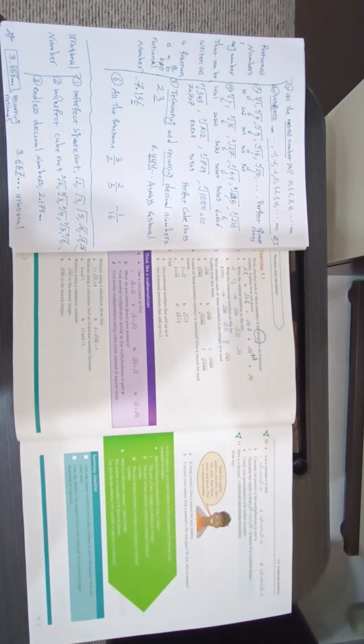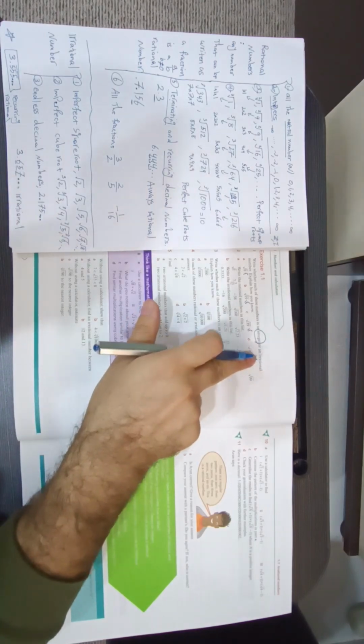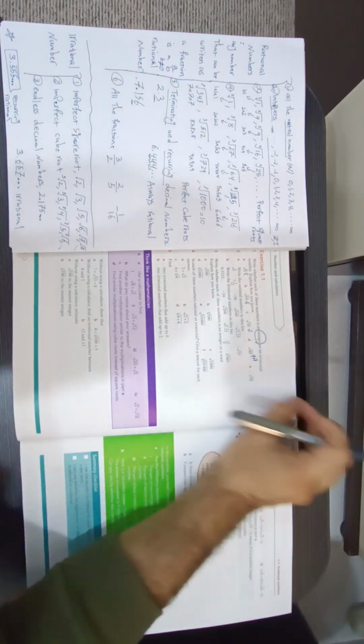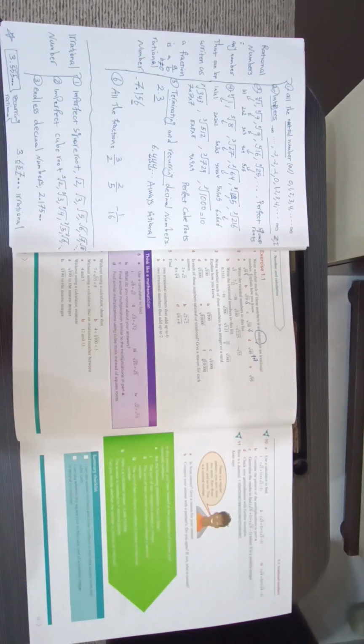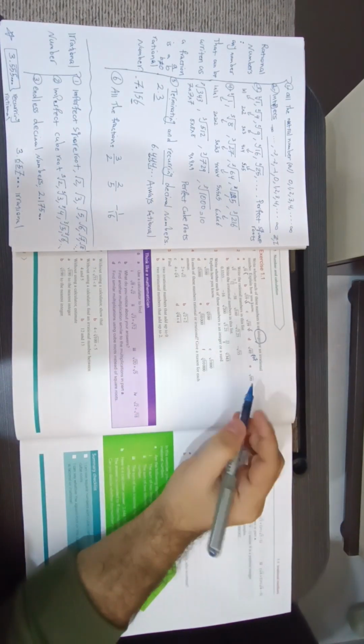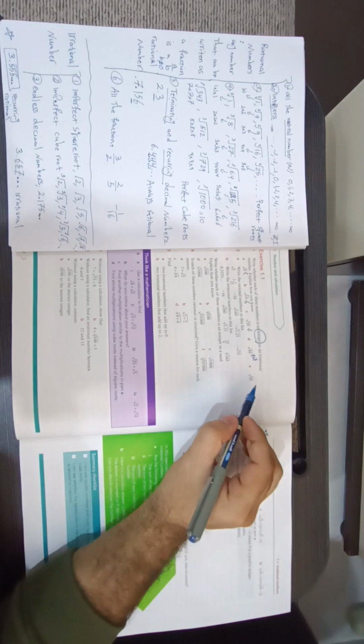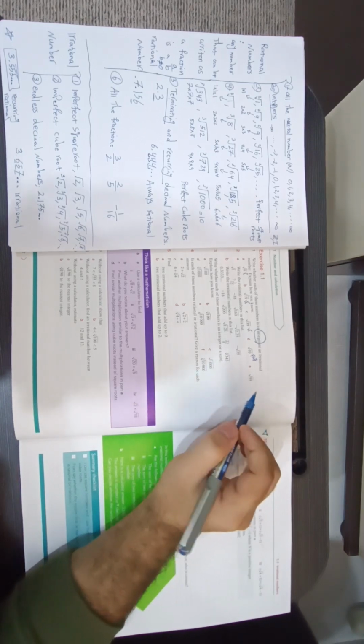So it is a perfect square root. Therefore, it is an integer and a rational number. But what about the last one? I will just leave this one for you as homework. You can check it by yourself. It is easy. If you can find a number that if you multiply by itself gives you 99, it's going to be rational. If not, it is going to be irrational.